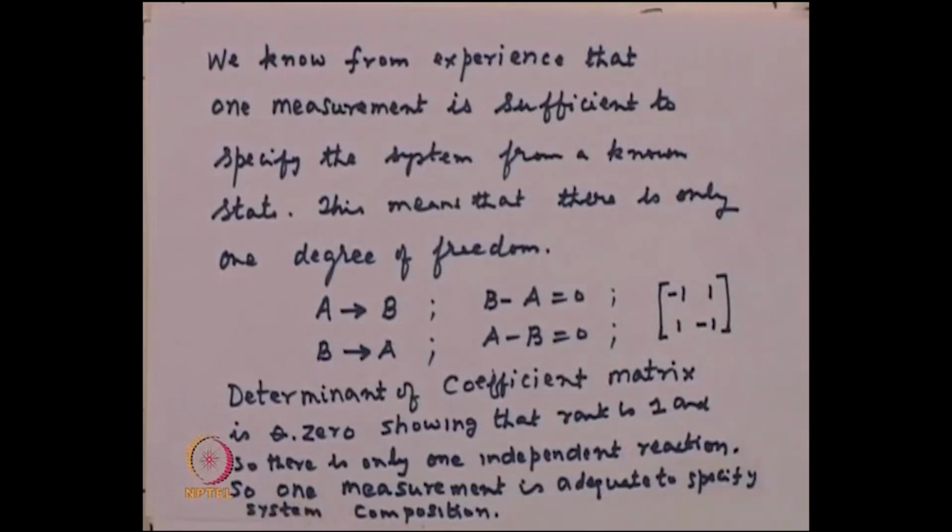What is meant by an independent reaction? It means that you need to make only one measurement to characterize the system, given the initial state. If you know the initial state, or the feed state, you need to make only one measurement. That is what is meant by rank being 1, or the number of independent reactions being 1.